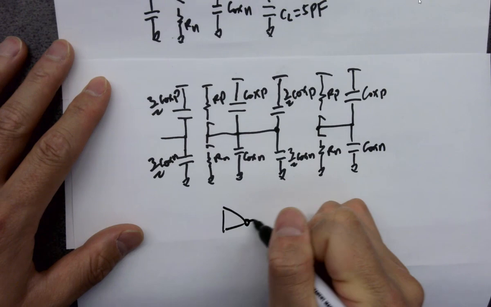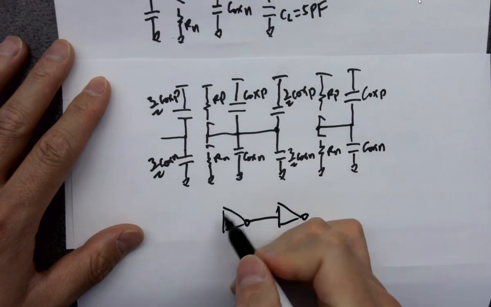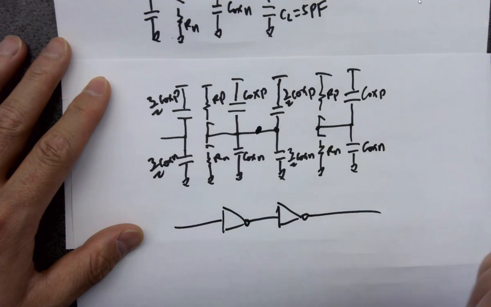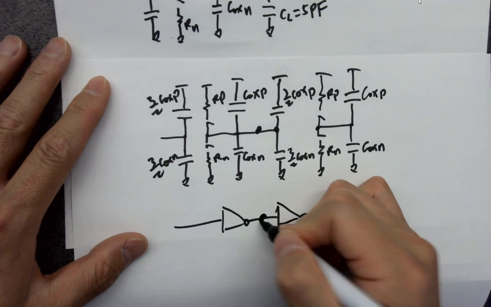This is equivalent to two inverters, and this node is basically this node.